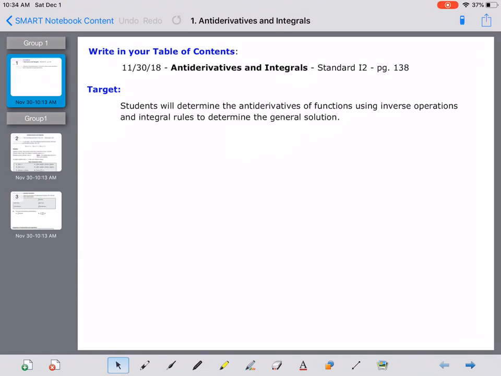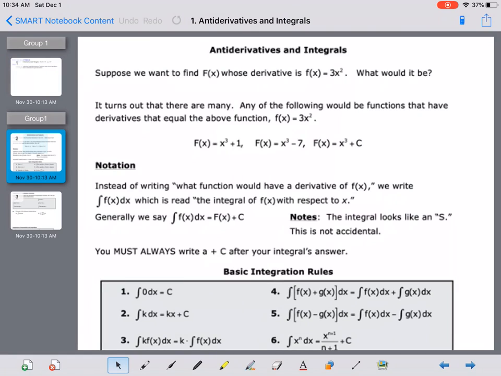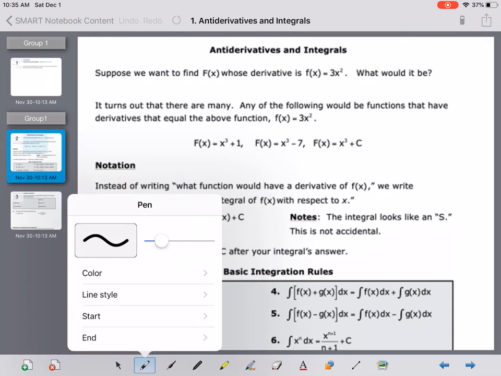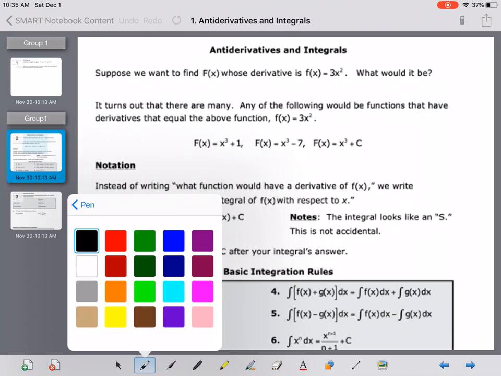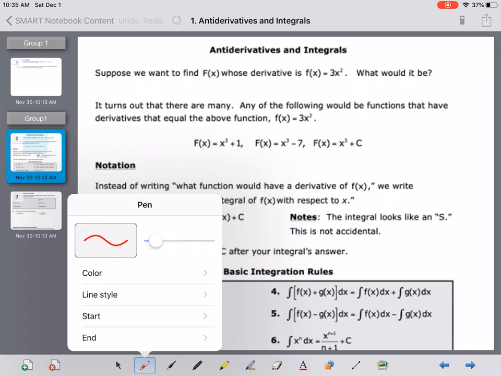the general solution. So let's talk a little bit about what we already know and then use it to find things that we don't know. So it says, suppose we find F of x. Anytime we use a capital letter to represent a function, that's going to be a really big important thing here.